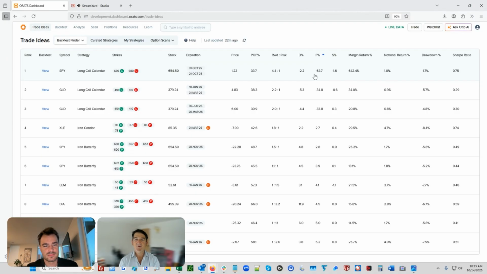What it's doing is showing exactly what I just pointed out: especially for shorter term options like this, the historical volatility has been quite low. It has kicked up in recent days, but that's why the forecast edge is going that way. And your job as a trader is to say, well, is that true, or why is that?